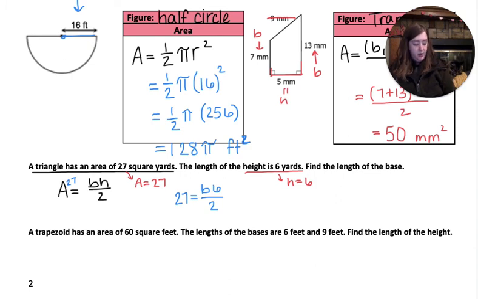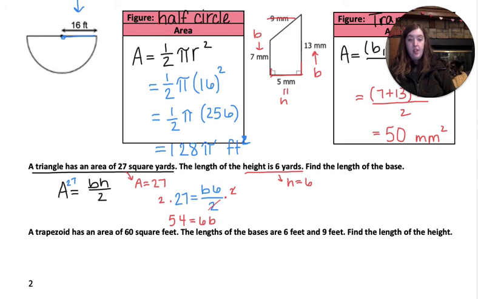To undo dividing, we're going to multiply by 2 on both sides. So we'll end up with 54 equals 6b. Then to get b by itself, we'll divide by 6 on both sides. B will be equal to 9. So the length of the base is 9 yards.